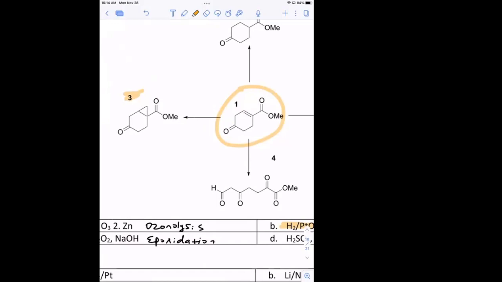We talked about this Friday before we left for Thanksgiving. No, the Friday before that. Anybody? What does it look like I did to the double bond?